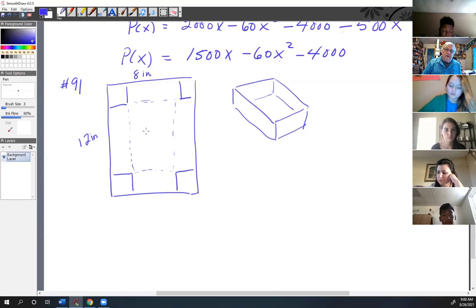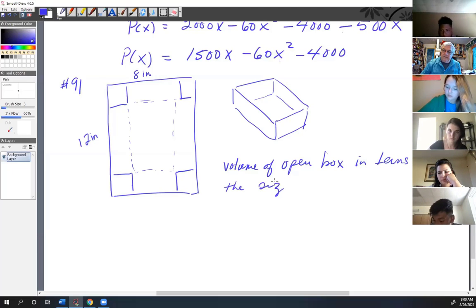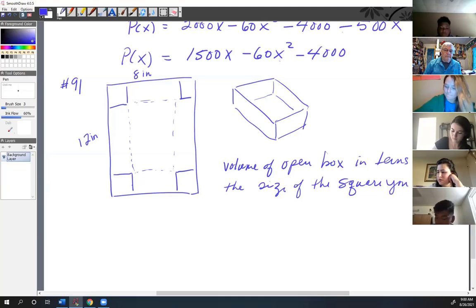So the question in problem 91 is, what's the volume of the open box in terms of the size of the square that you cut out? Well, now, what would you say the size of this square was?